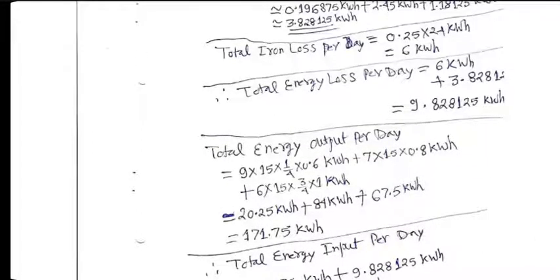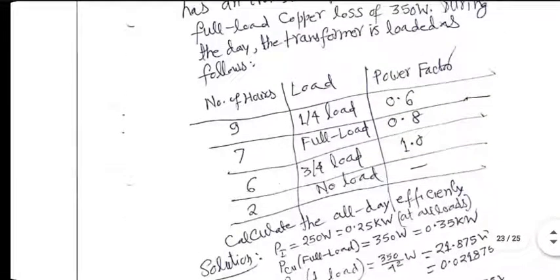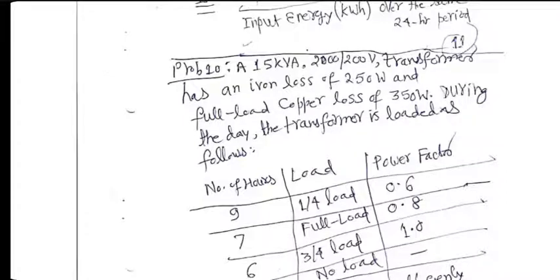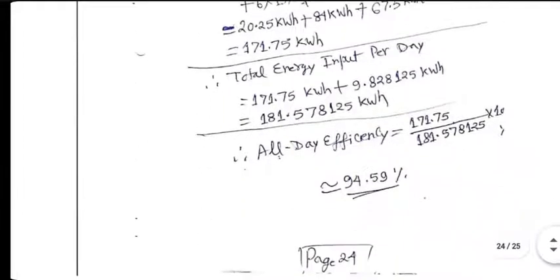It also happens that in that 9-hour period, we are operating at 1/4 load, not the full load. So it would be 15 into 0.6 divided by 4. That will be the actual wattage coming out from the transformer. That is why I have written this here.